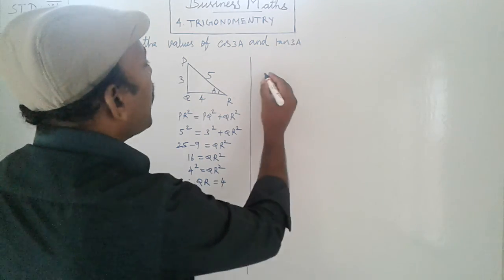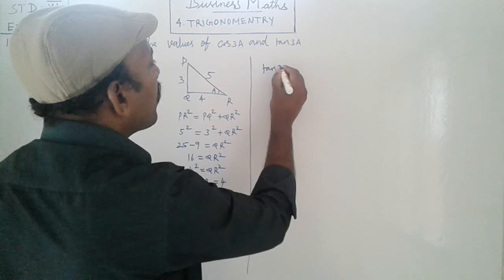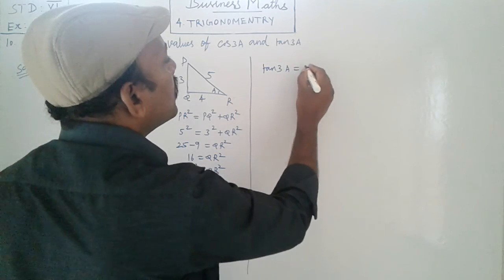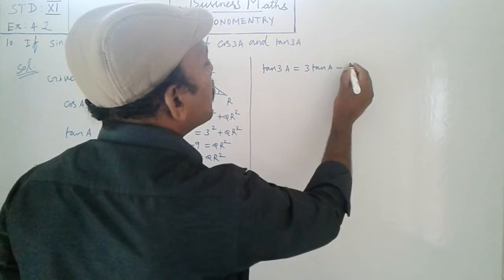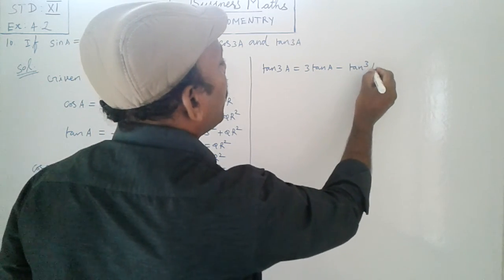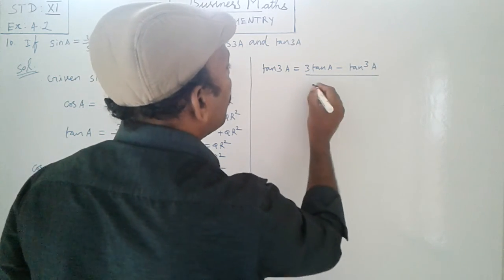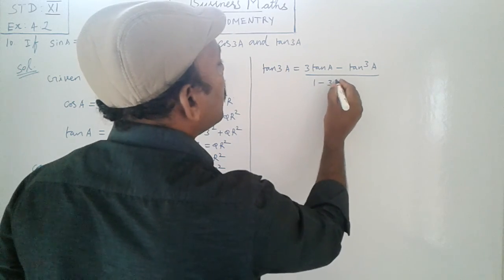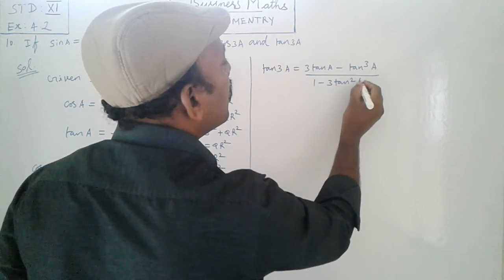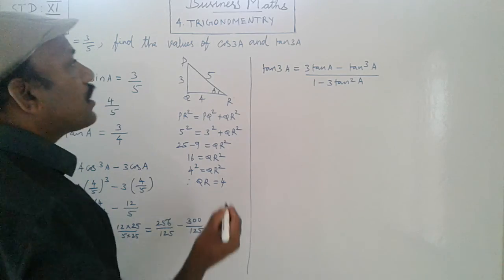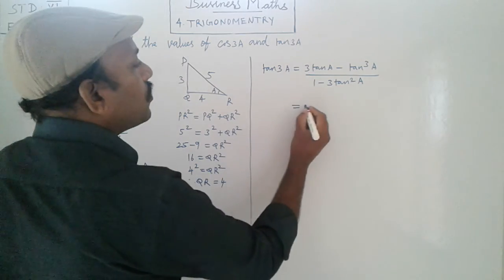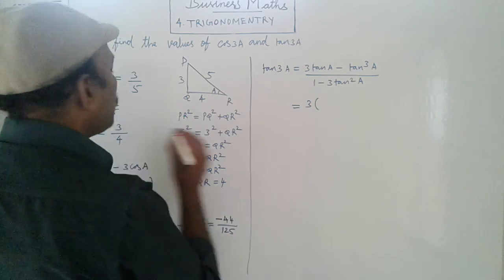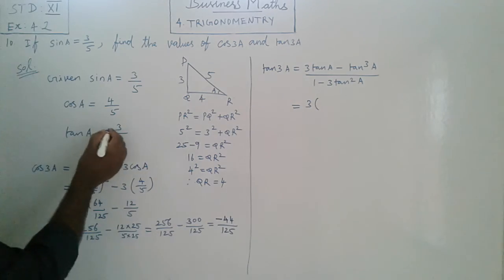Next we should find out tan 3A. Tan 3A equal to 3 tan A minus tan cube A divided by 1 minus 3 tan square A is the formula. So we should substitute the tan A value here. Tan A is 3 by 4.